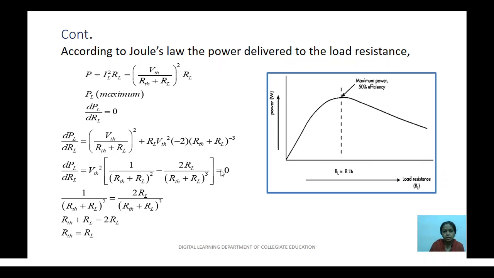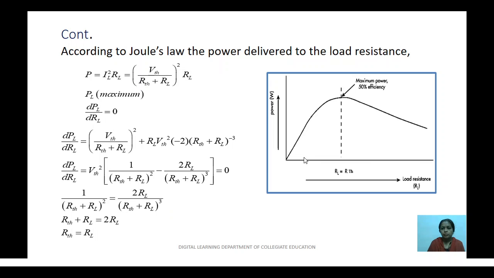So this is equal to 0 because the condition for maxima is the first order differential with respect to RL is 0. VTH cannot be 0, so whatever is inside the bracket has to be 0. So 1 divided by RTH plus RL whole square is equal to 2RL divided by RTH plus RL whole cube, which is nothing but RTH is equal to RL.